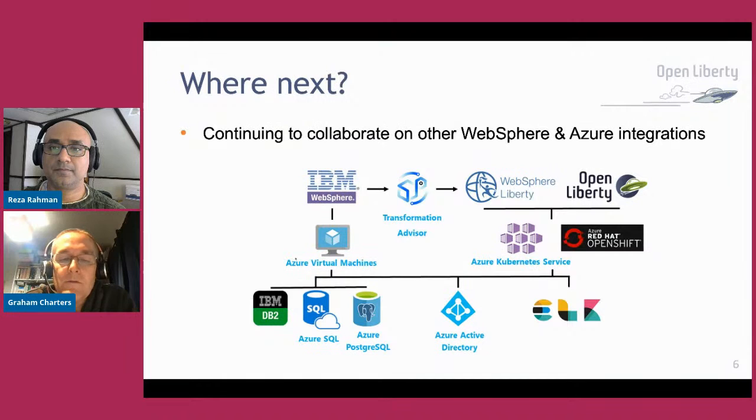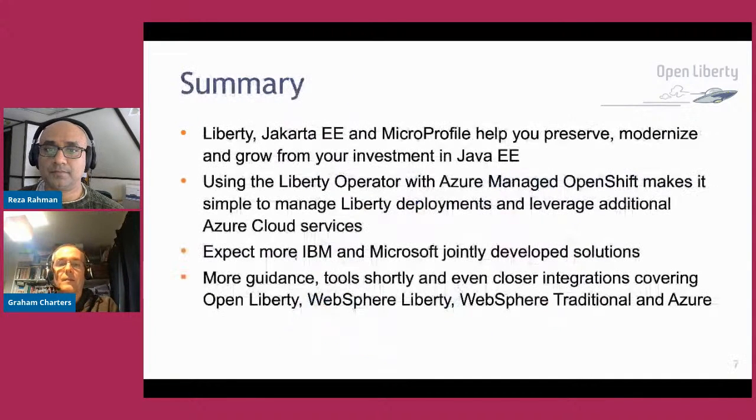So if you've got DB2, for example, on premises and you're wanting to integrate with that when you deploy your applications into the cloud, we're looking at things like that. But also then integration with either services within OpenShift or services within the Azure cloud. So native services like Azure Active Directory and so on. So those are the kind of areas we're looking at. We'd be interested to hear from you if any of those are of interest. Help us prioritize our activities, and maybe we can let you know when things become available.